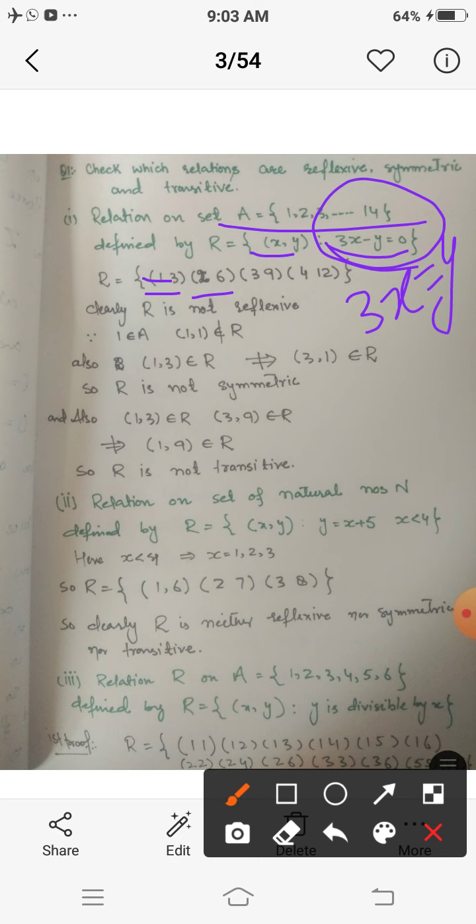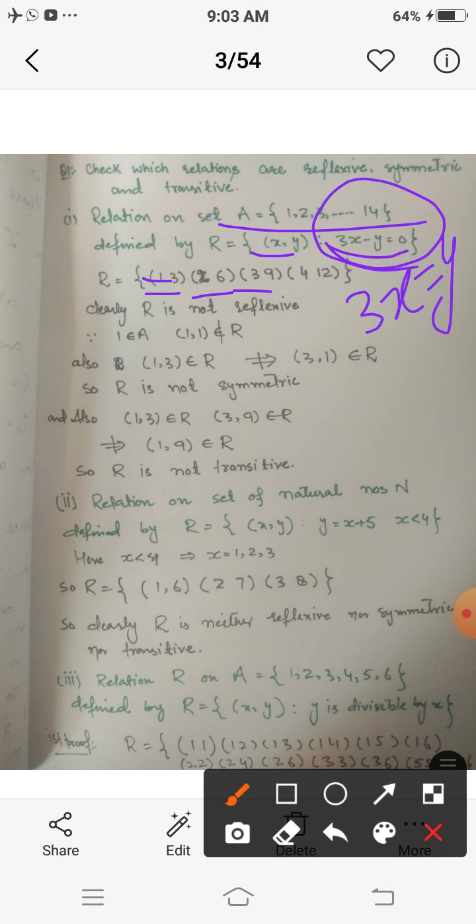Now when x is 3, y is 9. So it is (3, 9), because both 3 and 9 belong to set A. Similarly, when x is 4, it is 3 into 4, that is 12, so y is 12. Now if we put x equals 5, then y comes out to be 15. But this set does not contain the element 15.